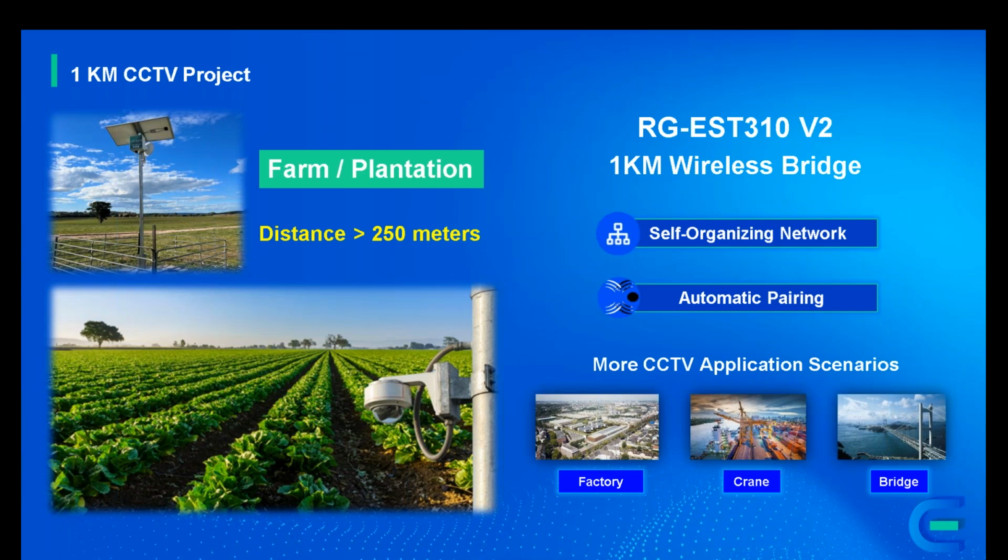It is the RG-EST310 wireless bridge. It allows you up to 1 kilometer distance. So if you need to install one camera like this one that is shown in this farm plantation deployment, you can connect the camera using this wireless bridge.